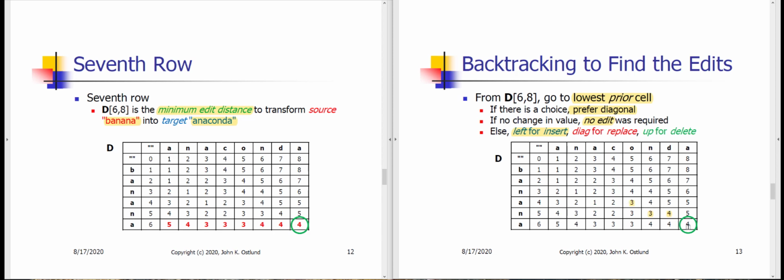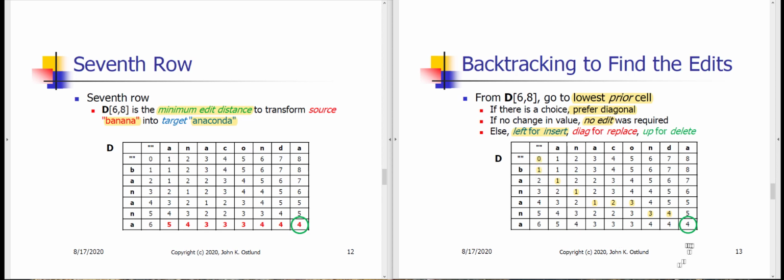So we didn't actually need to do an editing operation to get from the matching A's up to the N versus D. We had to insert a character to get to the matching N's, and there we don't have to do an editing operation. Then we go to the 2 here, and from there to the 1, and the 1, and the 1, and the 1, and the 0.